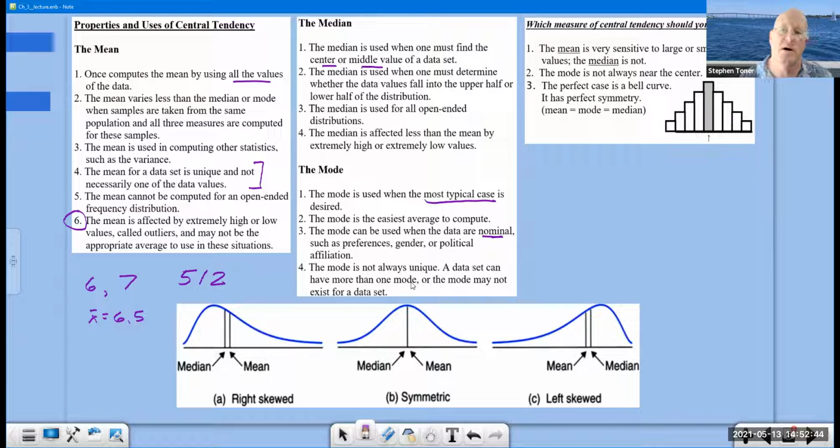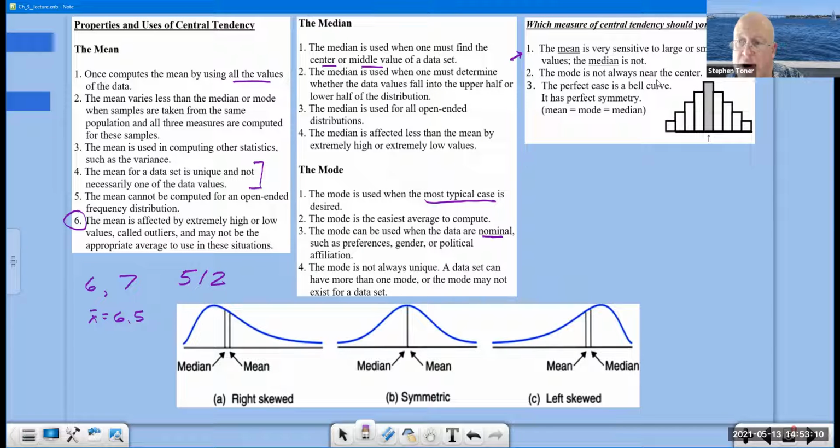Now let's move on all the way over here to the right where I have a bell curve type of distribution drawn for you. How do you know which measure of central tendency you should use? Those key points that I've already talked about. The mean is very sensitive to the high and low values, but the median isn't because we start chopping off from both ends.